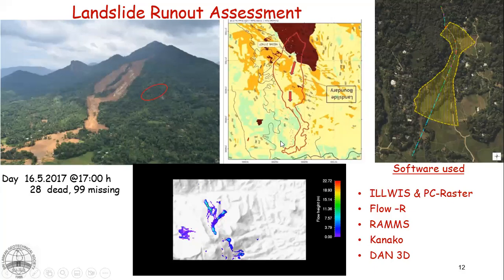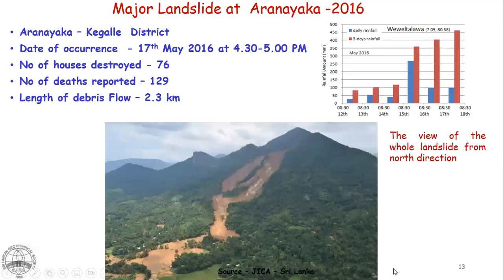So these are some further details of ongoing work on that in the Aranayaka landslide. So you see the initiation area and the flow area. These software were used in establishing these runout areas and comparing with the observations.